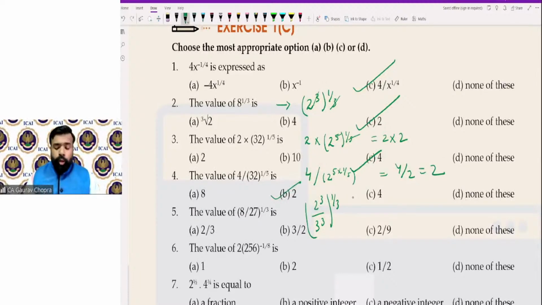So both the numbers have a common power, that is 3. So we can write it as 2 by 3 whole to the power of 3 into 1 by 3.